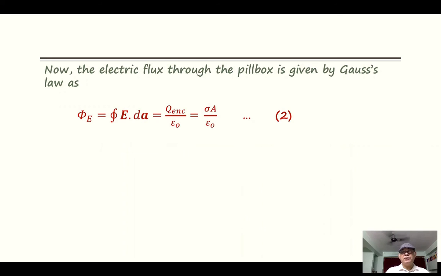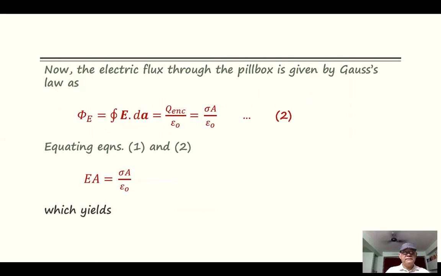This is equation 2. Equating equations 1 and 2, E multiplied by A is equal to sigma A divided by epsilon naught, which gives E equal to sigma by epsilon naught. This is equation 3.